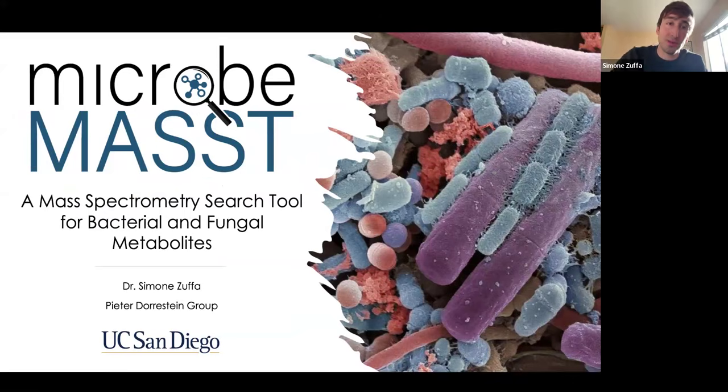I'm here today to introduce you to a tool that we have been developing in our lab at UCSD in the past 1 or 2 years called MicrobeMASST, that hopefully will help you make sense of your MS data in the context of bacterial, fungal, and other microbial metabolites.